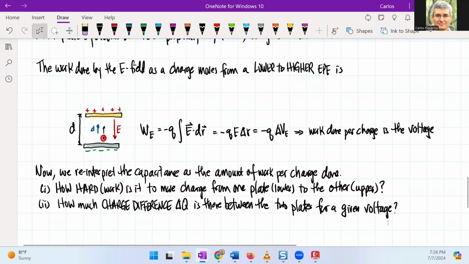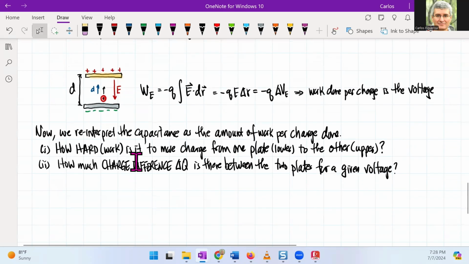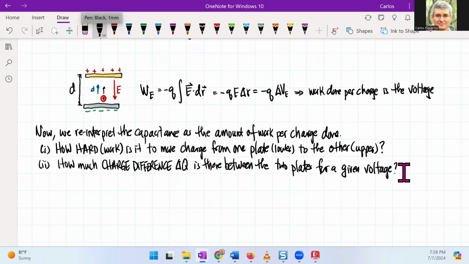So I want you to think about this in sort of picture terms. I need two situations, and I'm going to look at both of these guys simultaneously. So let's look at that. I have two plates, and I'm going to keep their separation the same.